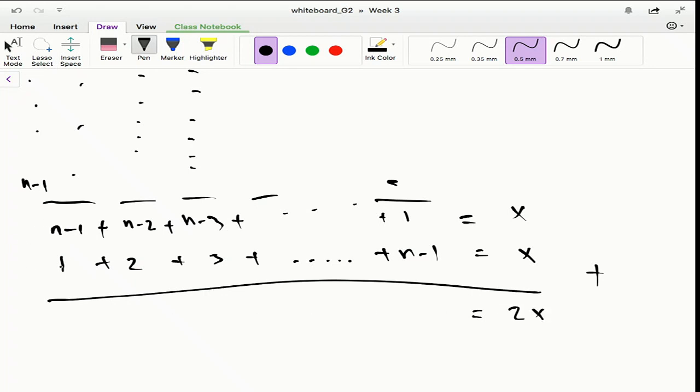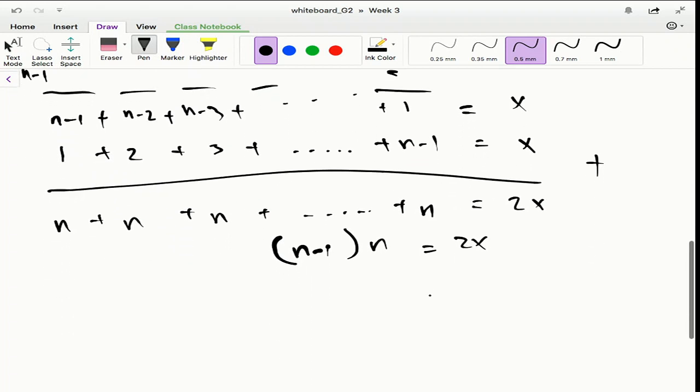This one, n minus 1 plus 1, so that's n. n minus 2 plus 2, that's n. n minus 3 plus 3, that's still n. And all the way to the end, 1 plus n minus 1, that's still n, right? Now how many n's are there? So here there are n minus 1 numbers, right? From 1 to n minus 1. So then you have n minus 1 times n is equal to 2x.